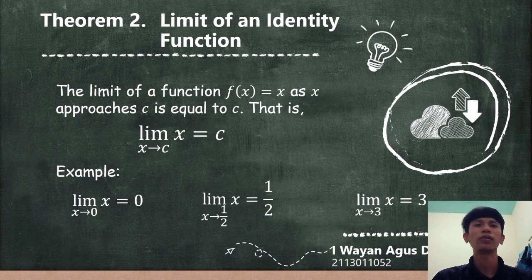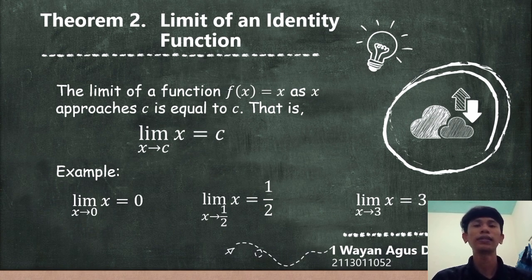For example, we have the limit of x as x approaches 0, the answer is 0. There is another example. The limit of x as x approaches 1/2 is equal to 1/2. And there is the last example.